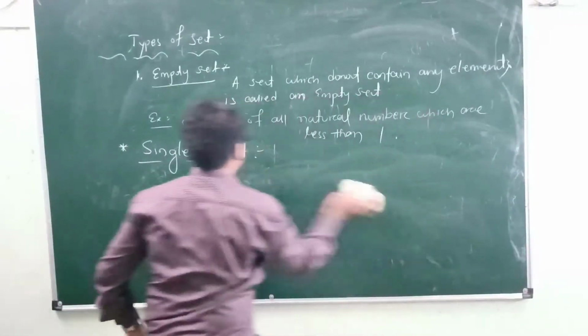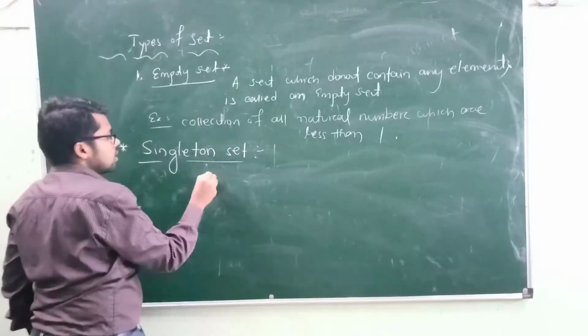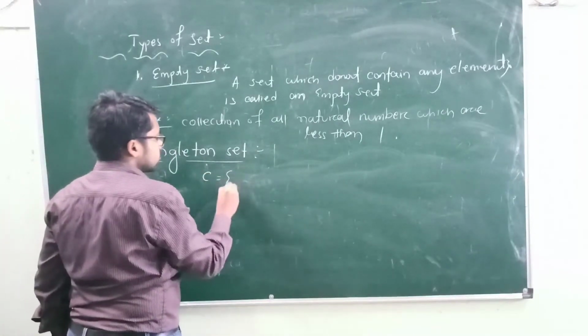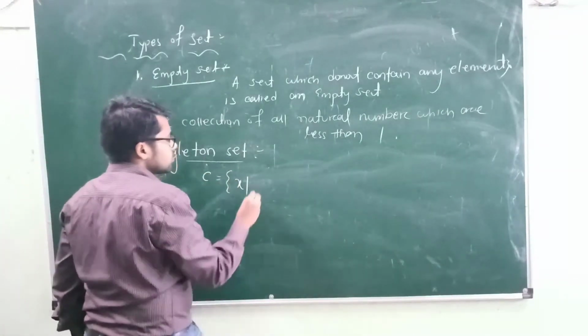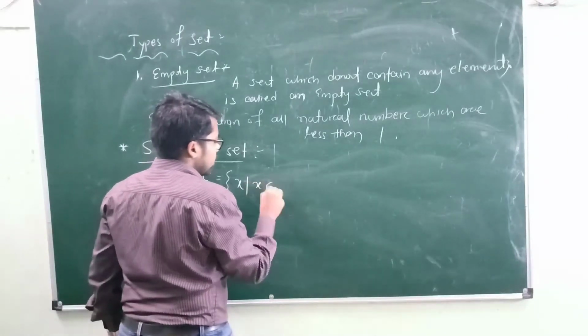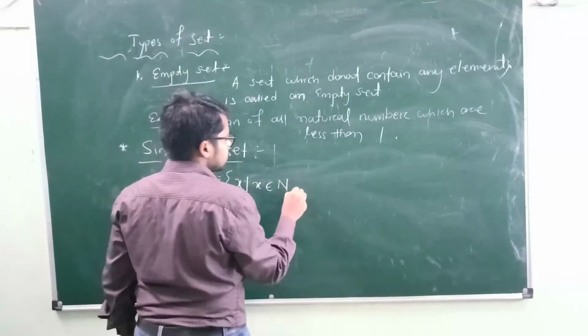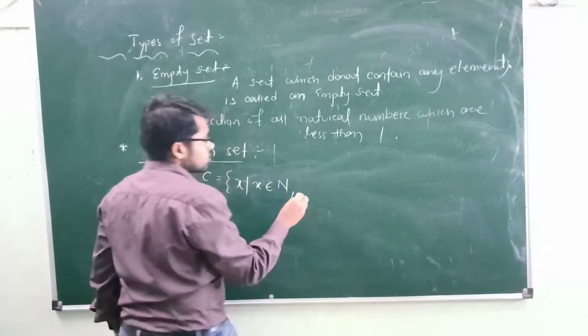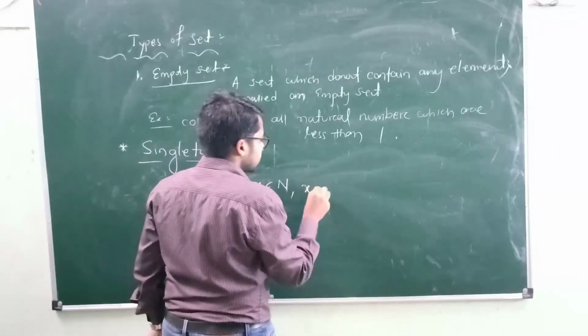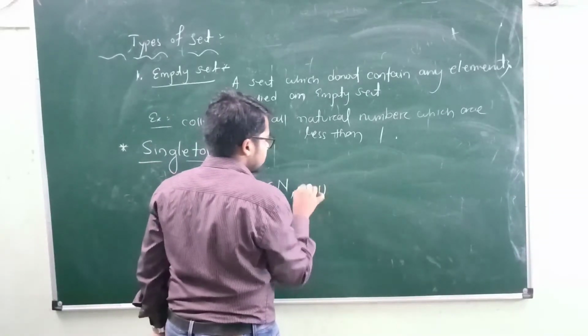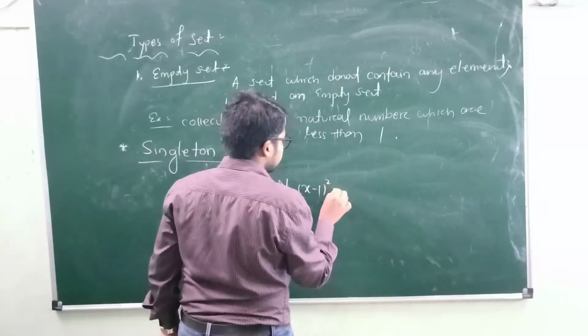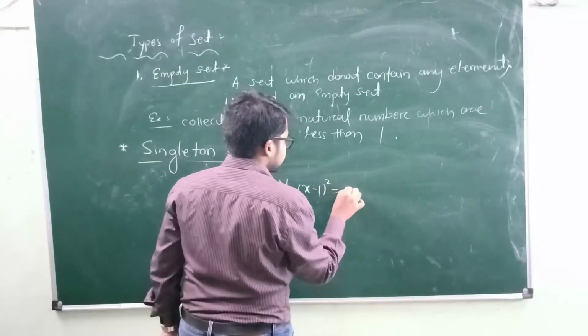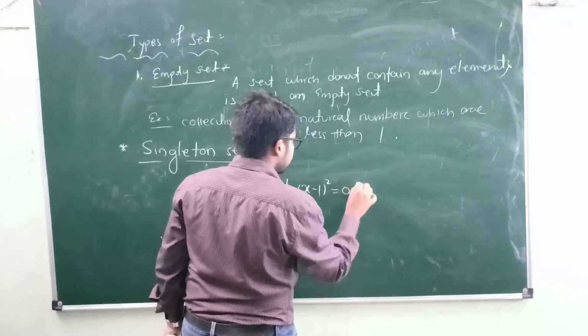Let us consider C such that x belongs to N, comma, (x minus 1) whole squared equals to 0.